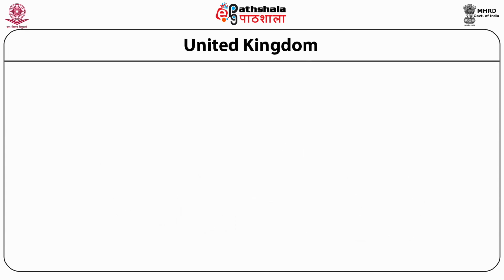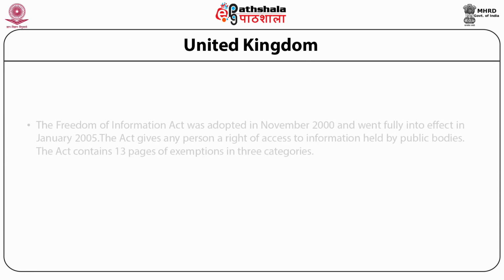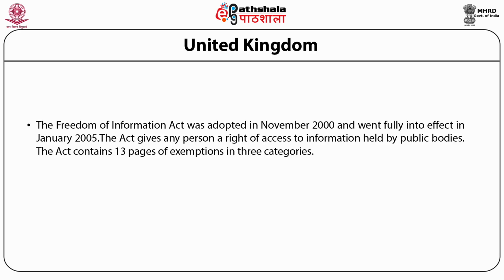Now, let's come to the United Kingdom, where the Act is also known as the Freedom of Information Act. The UK's Freedom of Information Act was adopted in November 2000 and went fully into effect in January 2005. It gives any person a right of access to, again, information held by public bodies.